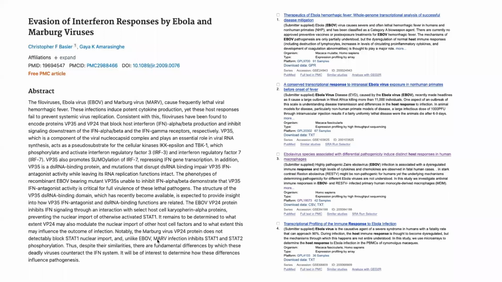And unlike Ebola virus, Marburg virus infection inhibits STAT1 and STAT2 phosphorylation, right? So they can have different ways to interact with the human response to viral infection. And those types of differences are going to be important. This is, you know, the same family of viruses. So we expect them to function a similar way, but nevertheless, they do not.